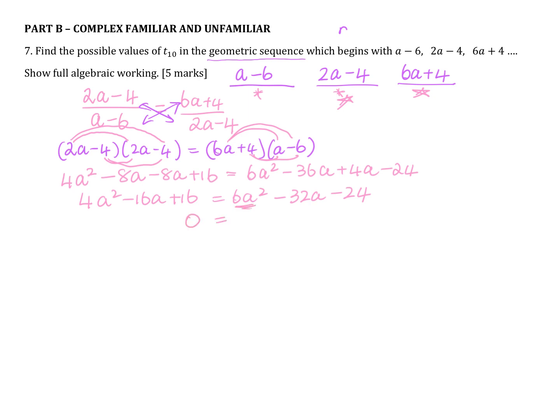I've got 6a here, minus 4 here. Bring that over as negative. It's going to be 2a squared minus 32a plus 16. Minus 32 plus 16 is going to give me negative 16a, minus 24 here, minus 16 equals negative 40. Now I notice they're all even, so I'm just going to divide both sides by 2 to make my numbers smaller and make it faster.